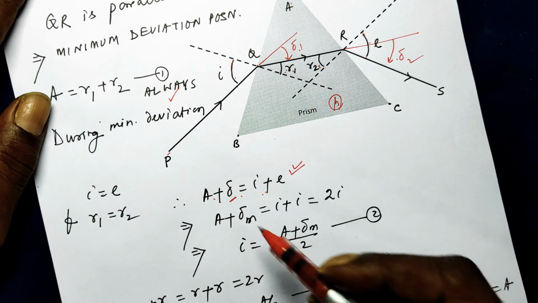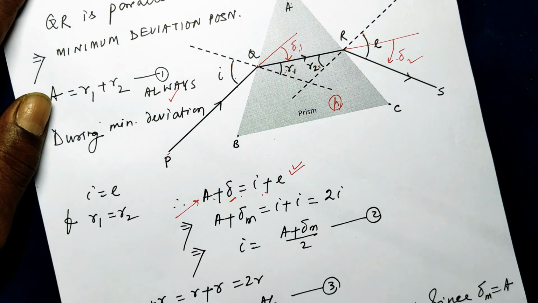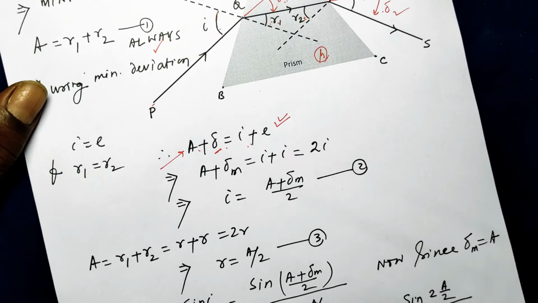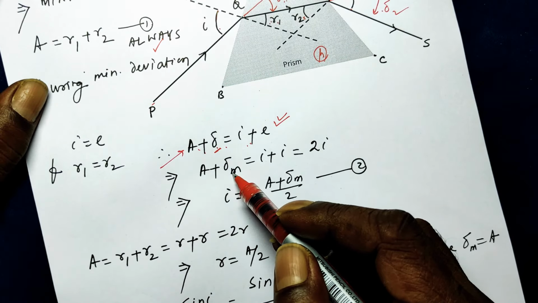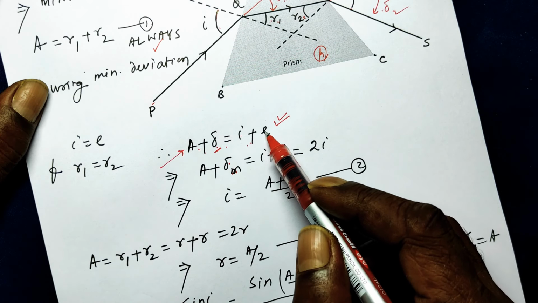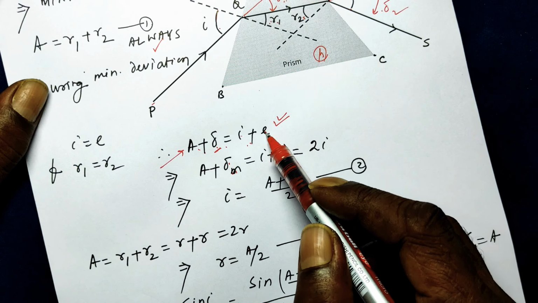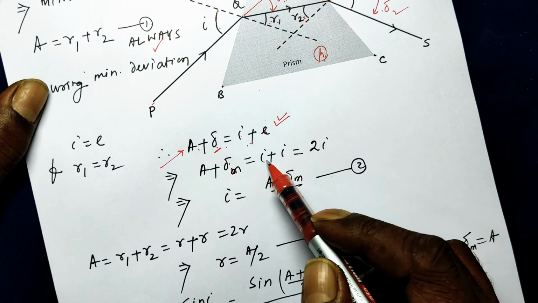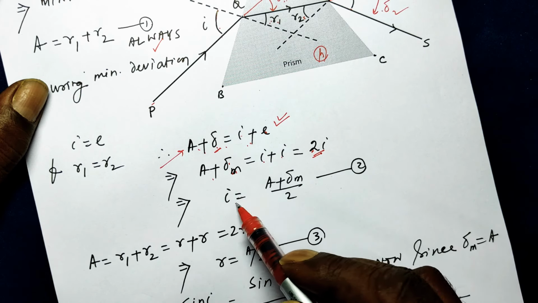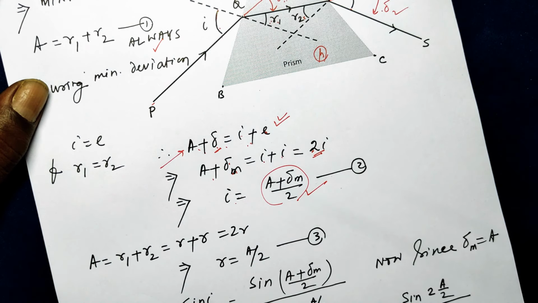If you apply this for minimum deviation, and I represent minimum deviation as delta M, then for delta I write delta M, and during minimum deviation these two are equal. So for E I can write I, so I plus I, that is 2I. So your I is equal to, 2 comes to this side, A plus delta M over 2.